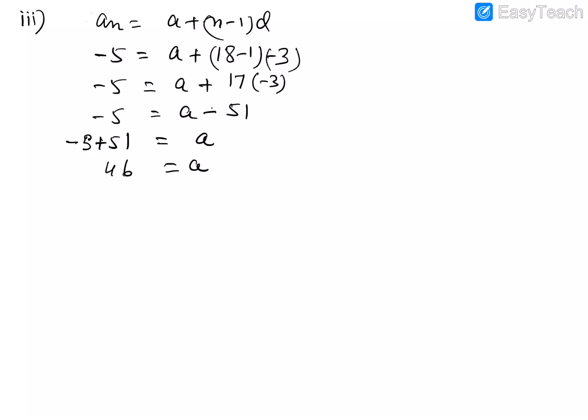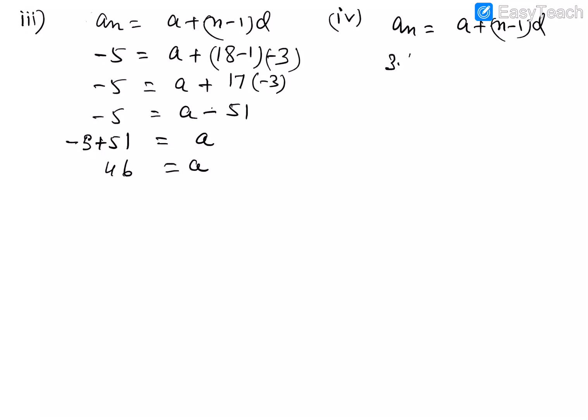Now the fourth part. a is minus 18.9, d is 2.5, n is to be found out and an is 3.6. an is equal to a plus n minus 1 into d.